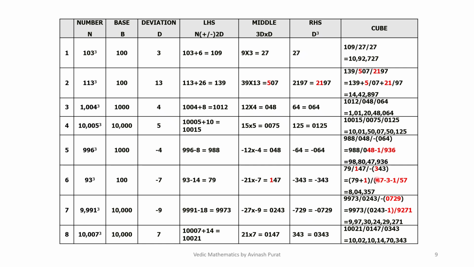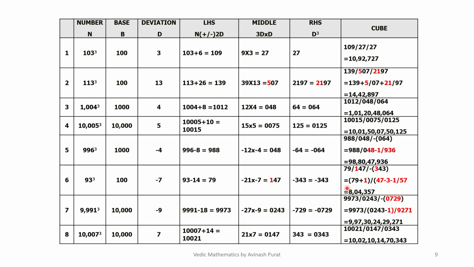Now base being 100, it has two zeros, so from 147, 1 has to be taken to the left, 47 we keep, and from minus 343, 3 is to be taken to the left, and 43.